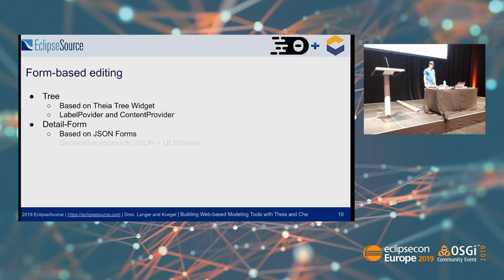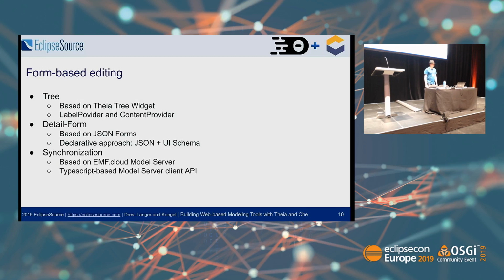The detail form itself that you saw on the right-hand side when a node is selected is based on JSON Forms. That's a declarative approach, so this form was not programmed in HTML5, but a JSON schema was created that describes the data, and an artifact that's called a UI schema that describes the form. And based on that, the detail was rendered. For the synchronization, we applied the EMF.cloud ModelServer and used its TypeScript-based ModelServer client API.